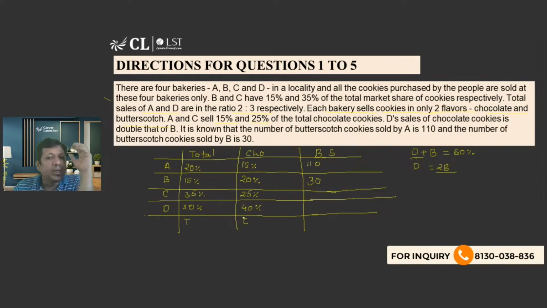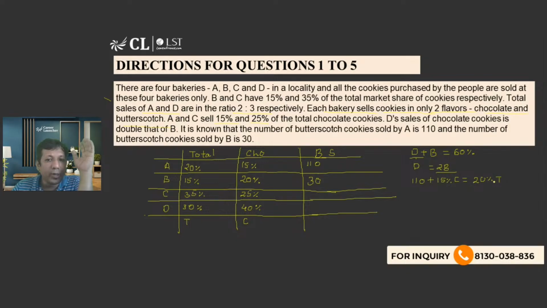Now I'm talking about A: A is selling 110 butterscotch plus 15% of C, that is chocolate cookies, and that is equal to 20% of total. That's what A is doing.